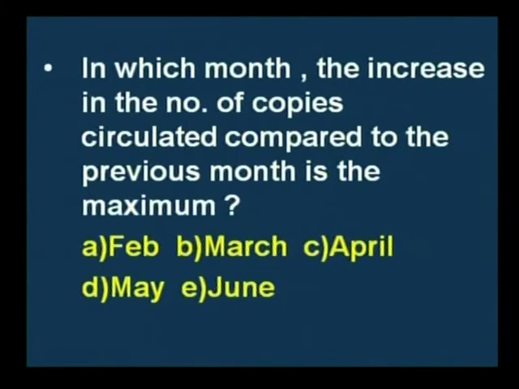So I will repeat the question. In which month the increase in the number of copies circulated compared to the previous month is the maximum. You have here options: A Feb, B March, C April, D May, E June.